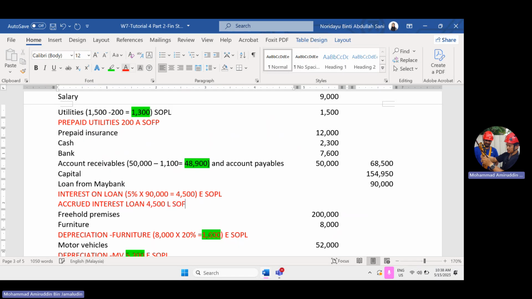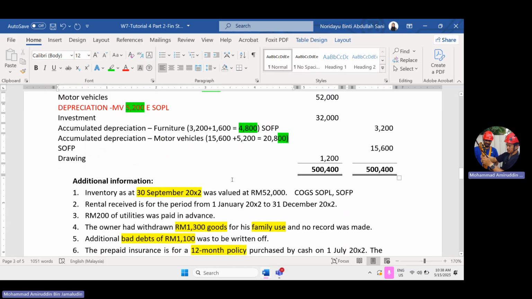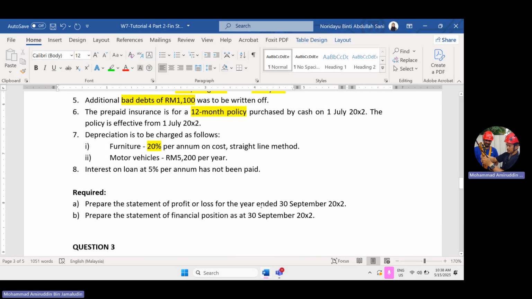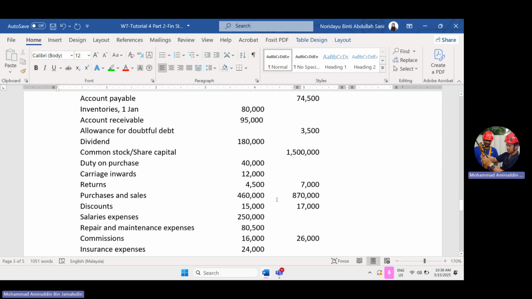Liability go to SOFP. Expenses go to SOPL. The liability, current liability go to SOFP. All right, done with this question. On adjustment only, yeah? You have to prepare for. Any questions so far?